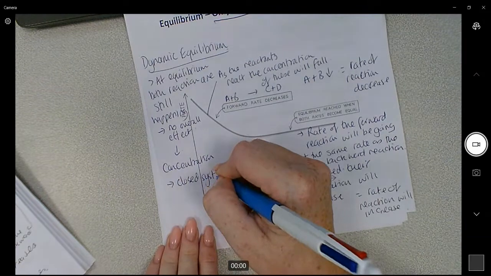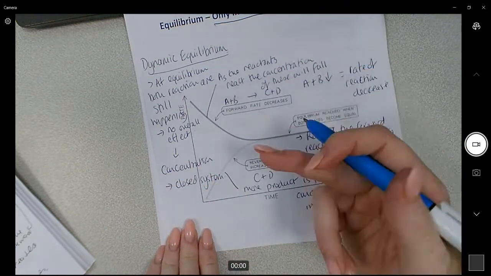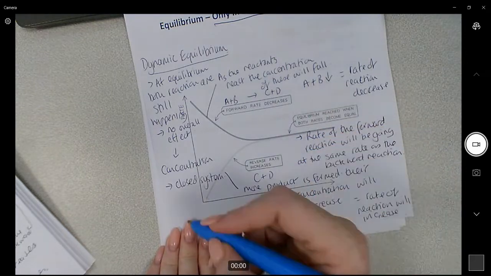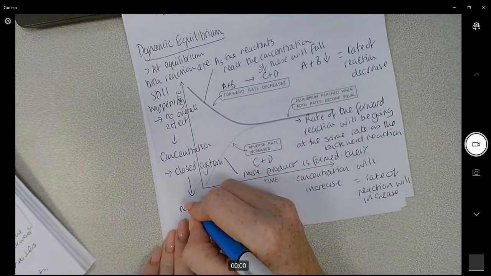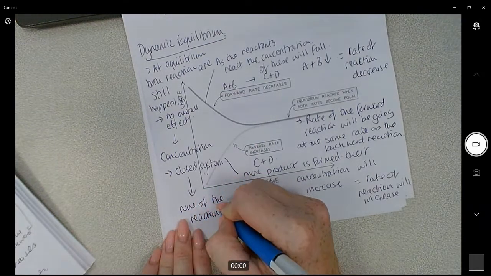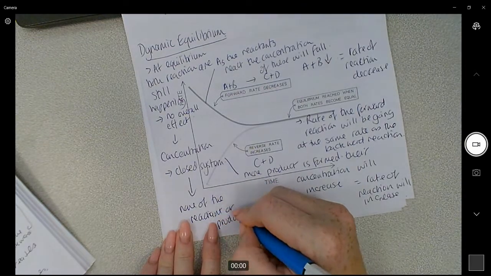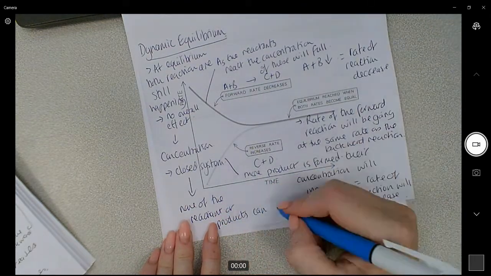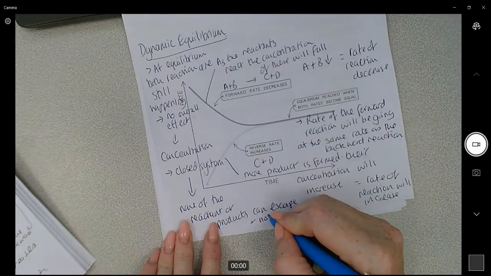So we don't want to lose any products, and we don't want to add anything extra into the reaction. So a closed system is where none of the reactants or products can escape. Okay, so they can't escape and nothing can enter.